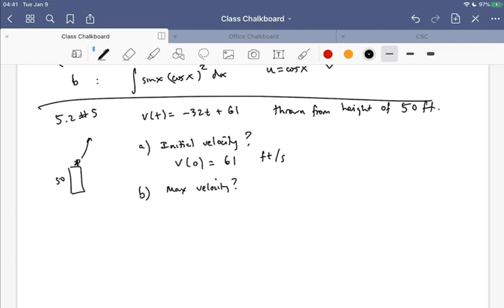Now let's think logically here. If I throw something upward at 61 feet per second, 1 second later, is it still going 61 feet per second? No, of course not. It's slowed down because of gravity. So when is the maximum velocity of the object? It's actually the instant that I throw it.